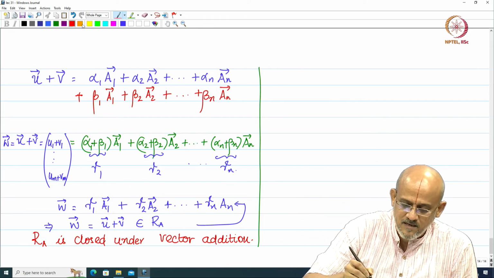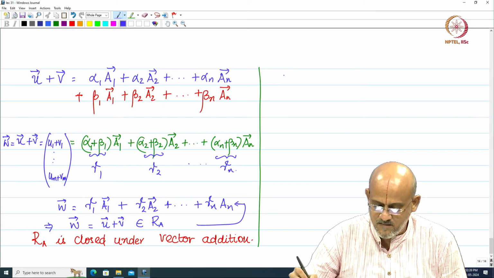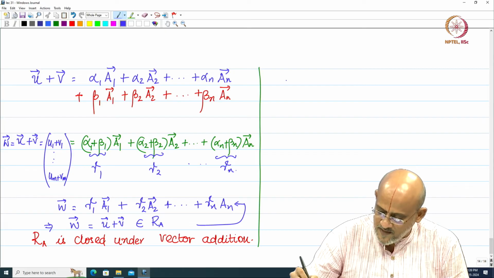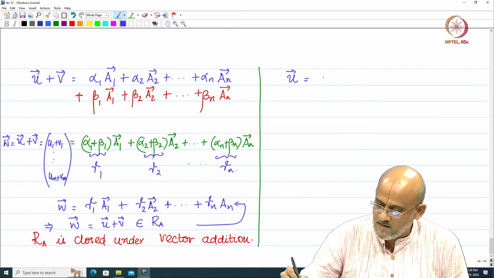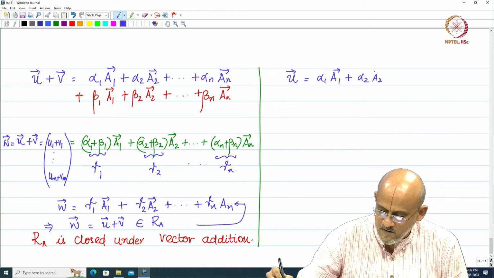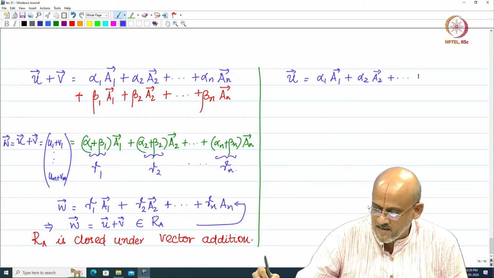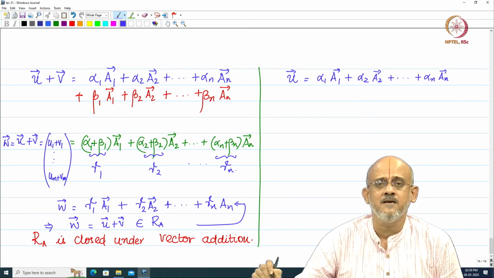So, what we do is, let us look at the third one. So, what do we want to do? We want to look at the same vector, let us say u. So, the vector u can be expressed as let us say alpha 1 a 1 plus alpha 2 a 2 plus etcetera alpha n a n, right.